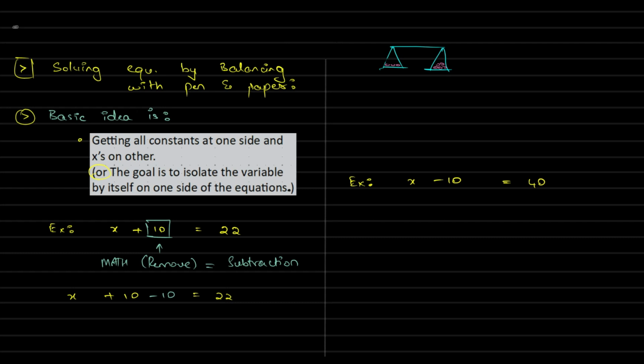No. If I remove something on only one side, not on the other side, it will be unbalanced. To balance it out, I have to subtract on both the sides. So this and this get cancelled. So x is equal to 12.